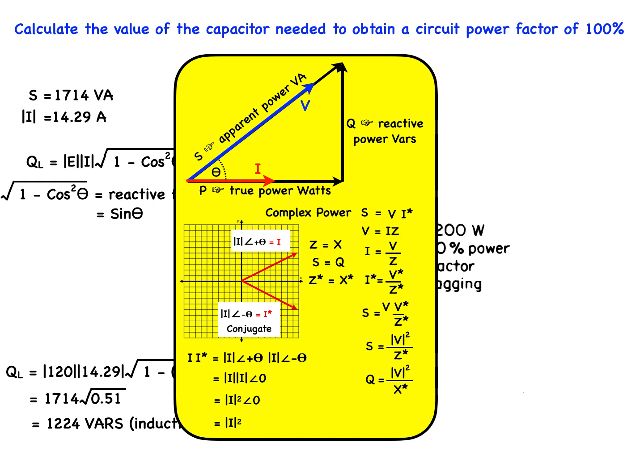Or rearranging the terms mathematically, we get X conjugate is equal to the magnitude V squared all over Q. And finally, this formula means that the magnitude of the reactance X is equal to the magnitude of the voltage squared divided by the magnitude of the reactive power.